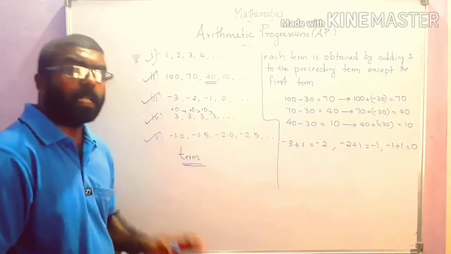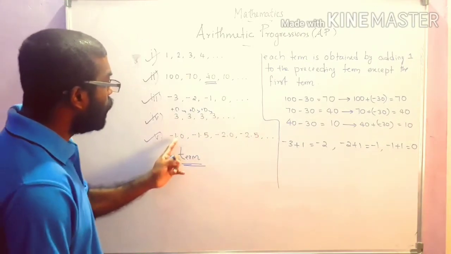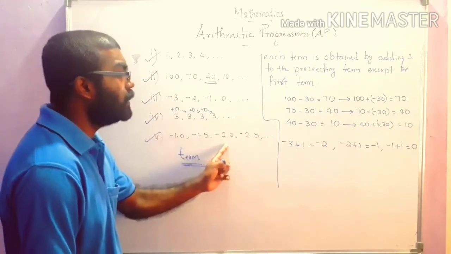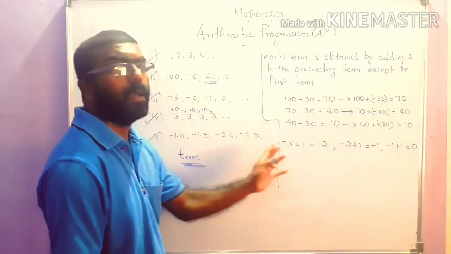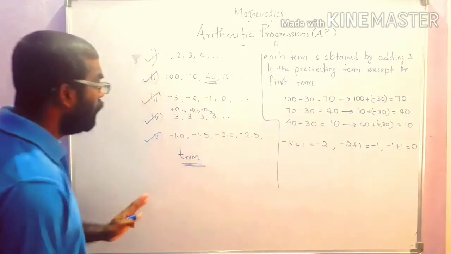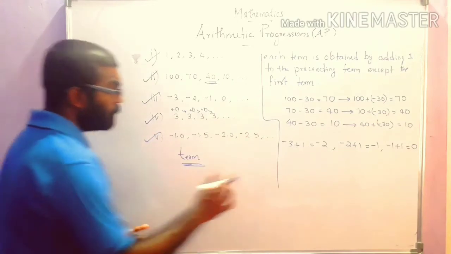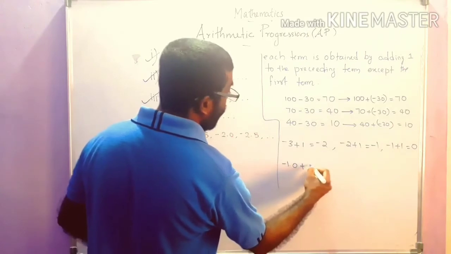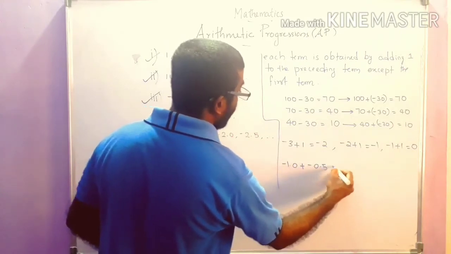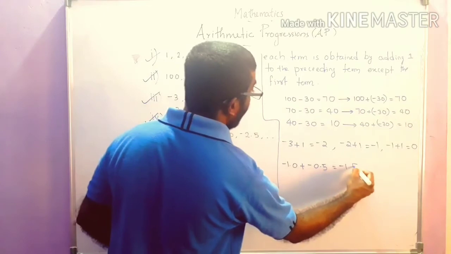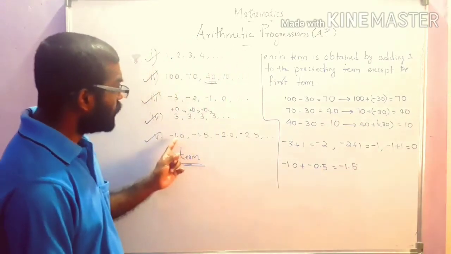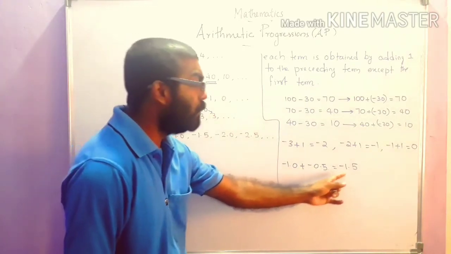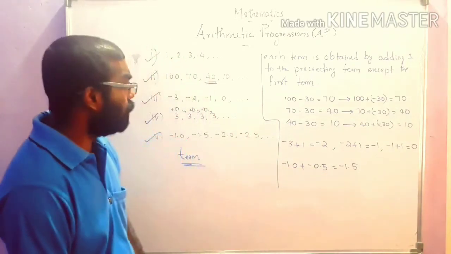Understood? Then the fifth one is -1.0, -1.5, -2.0, -2.5, and so on. Here we can observe that -1.0 plus -0.5 gives -1.5. The first term -1.0 plus -0.5, we will get what? -1.5.